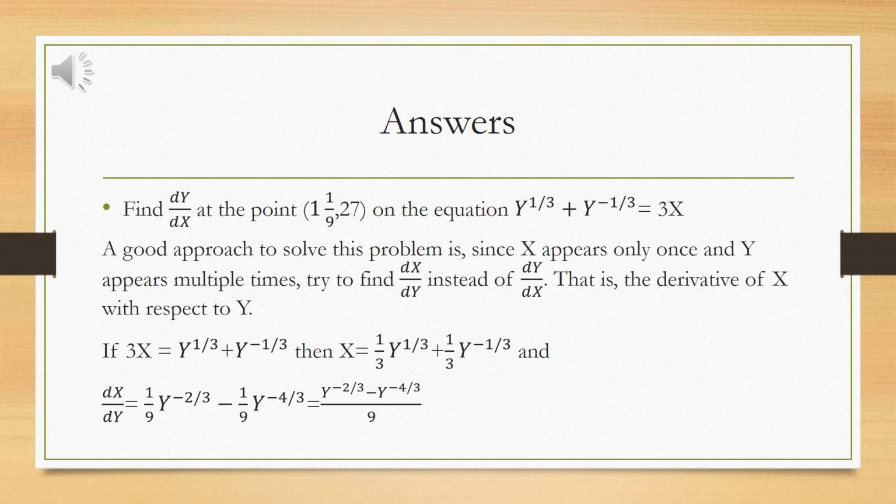If 3x equals y^(1/3) + y^(-1/3), then x equals 1/3 y^(1/3) + 1/3 y^(-1/3), and dx by dy equals 1/9 y^(-2/3) - 1/9 y^(-4/3), which is (y^(-2/3) - y^(-4/3)) over 9.